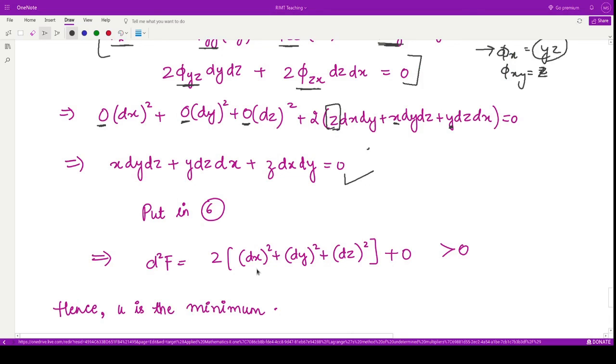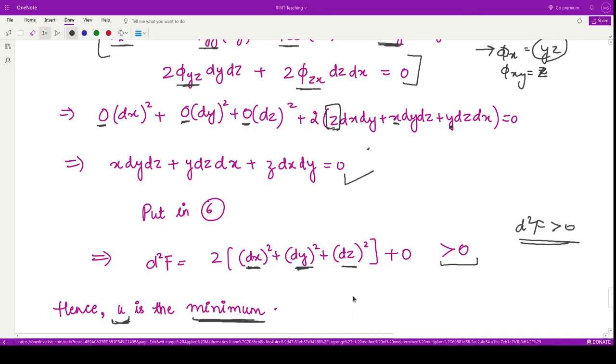Now because this is positive, this is also positive, and this is also positive, the whole quantity would everywhere be positive. So that means this is always a positive quantity, and whenever your d2f is positive, using the results of the test, we say that the given function is a minimum function.